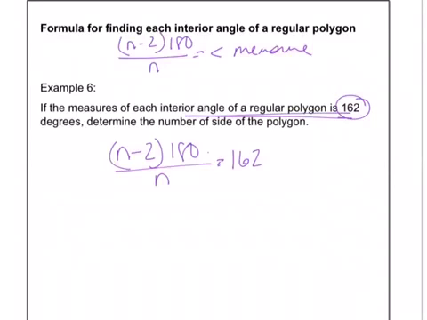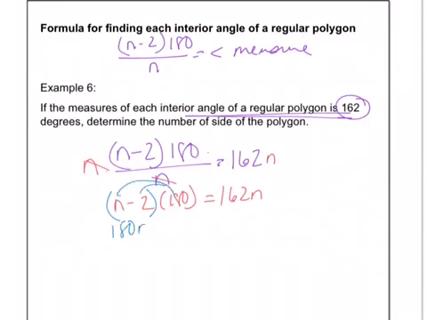So if I continue to work this out, I would multiply each side by n. So n minus 2 times 180 equals 162n. Then I would have to distribute. I'm actually going to put the parentheses around the n minus 2 and distribute the 180 to both of them.